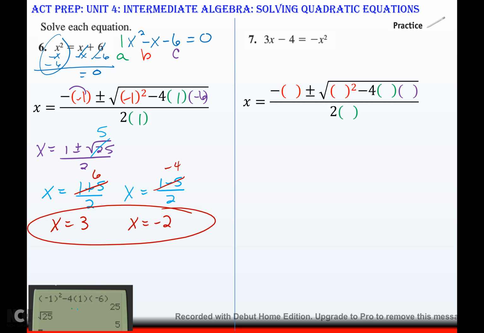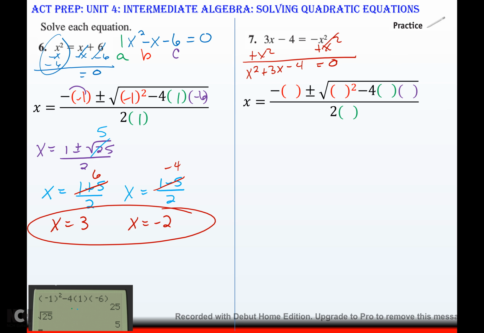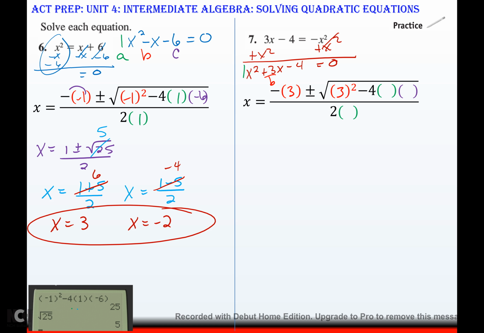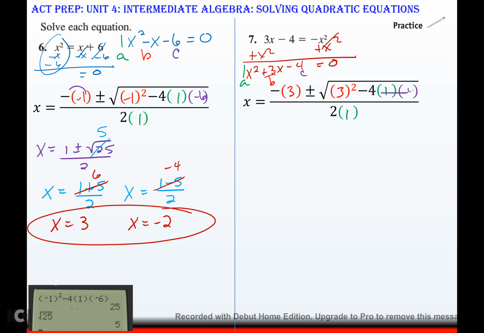Okay. Number 7, I've got to get it in standard form, so I'm going to add x squared, gives me 0 over here. Drop them in quadratic order, x squared plus 3x minus 4, which tells me that b is positive 3, that a is positive 1, and that c is negative 4.